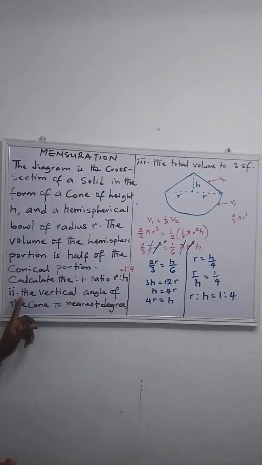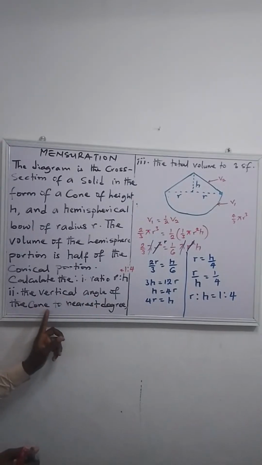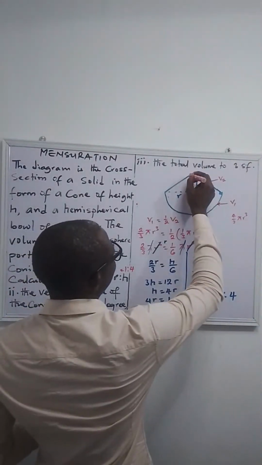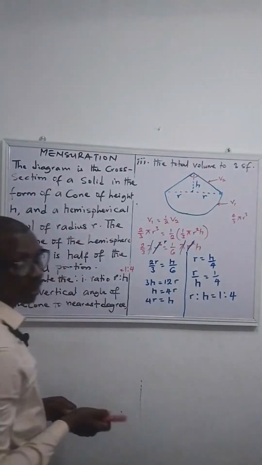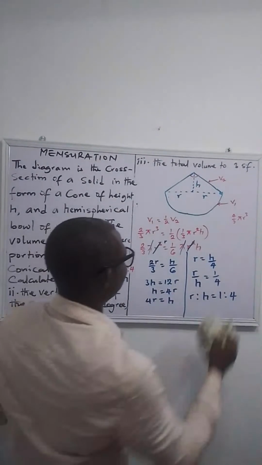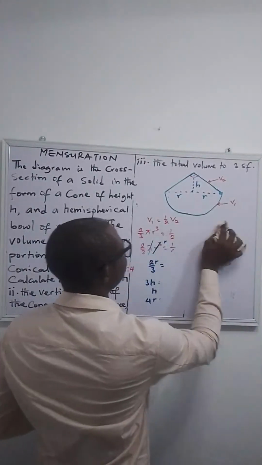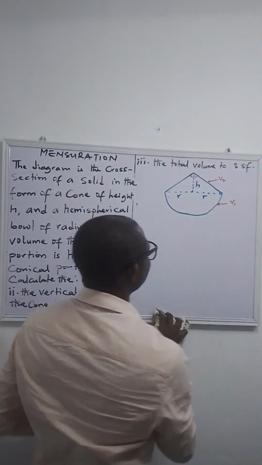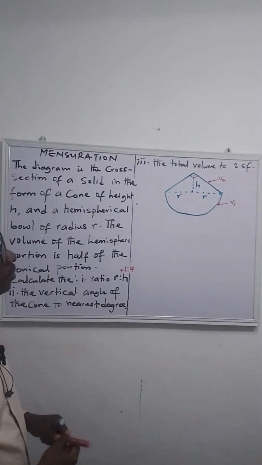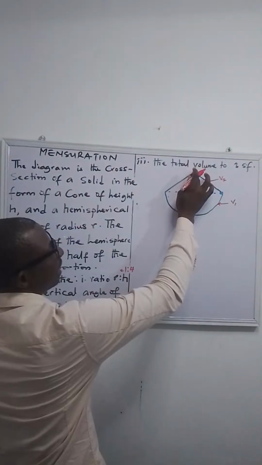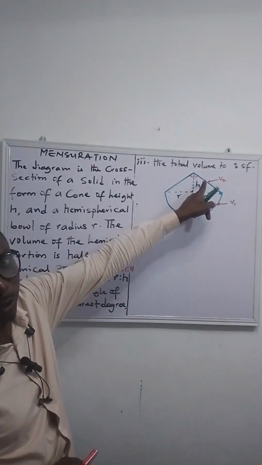The next question says you have to calculate the vertical angle of the cone to the nearest degree. The vertical angle. This is the vertical angle, so that's what I want to get now. So how do we go about that? Now you see this line coming down bisects this angle into 2 equal parts.